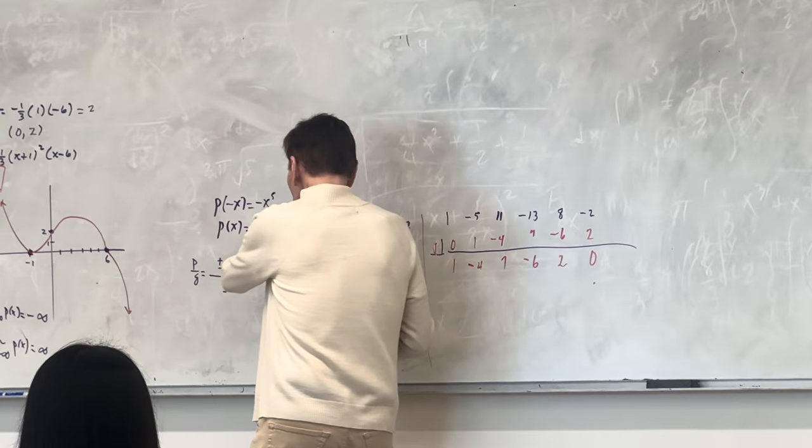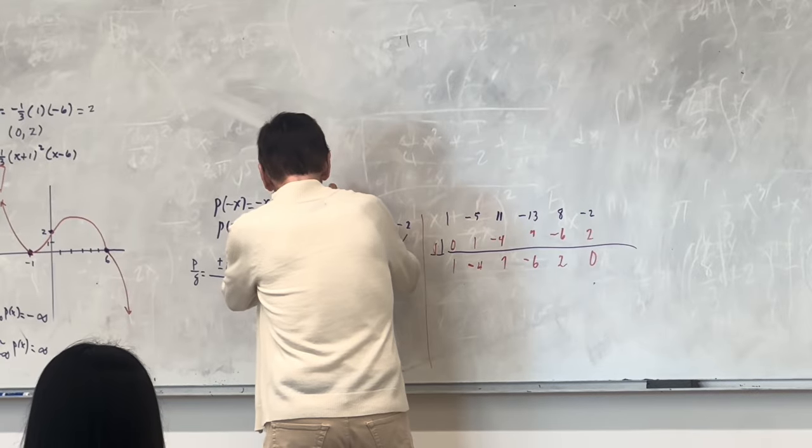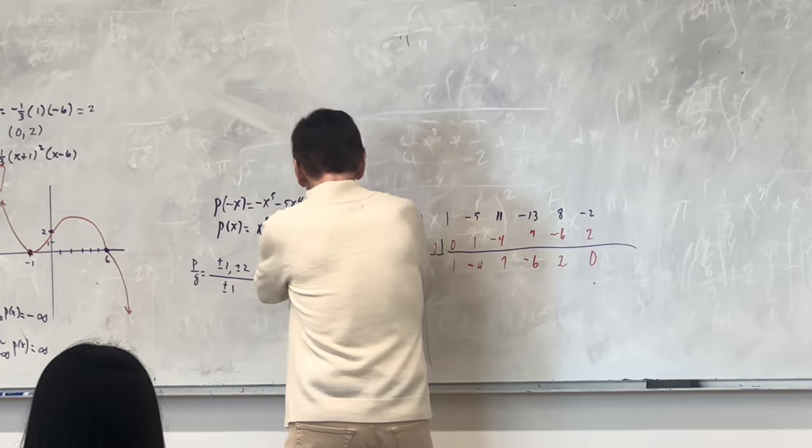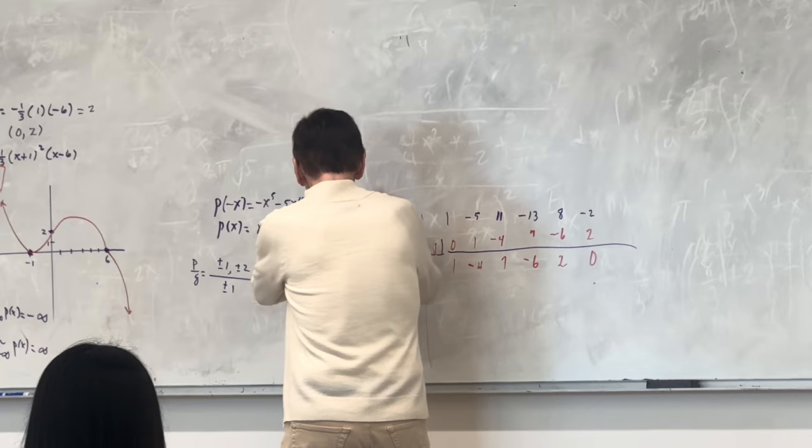Raise it to the 4th, it stays positive, but that -5 up front makes it look like that. Cube it, that's going to be a negative, -11x cubed. And then down here, squared, -13x squared, -8x, subtract 2. Is that true?